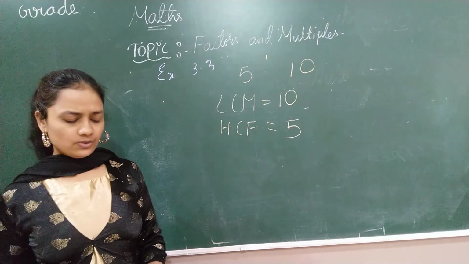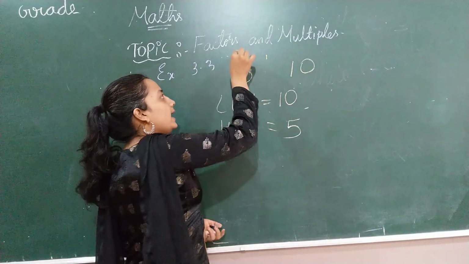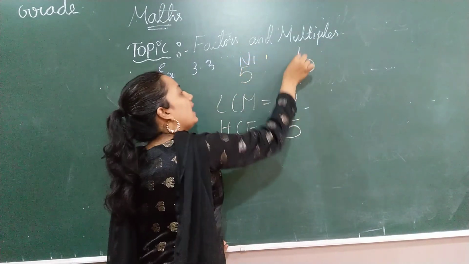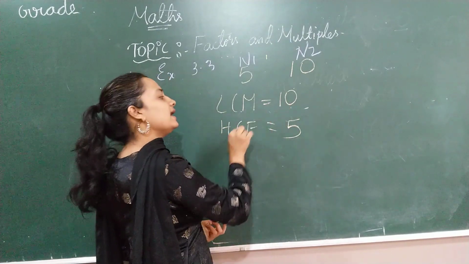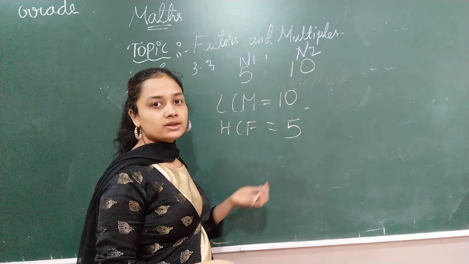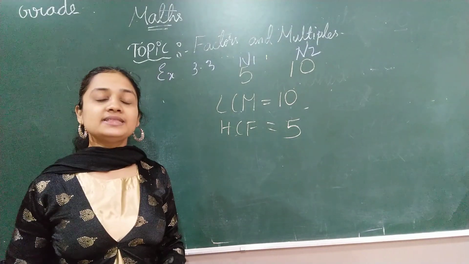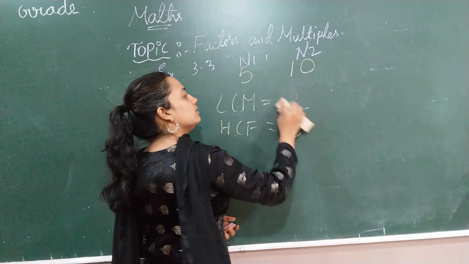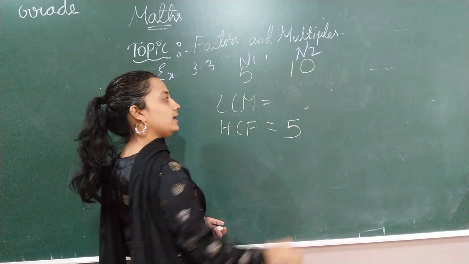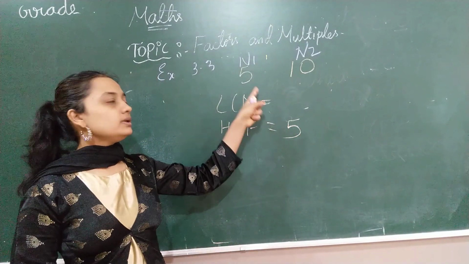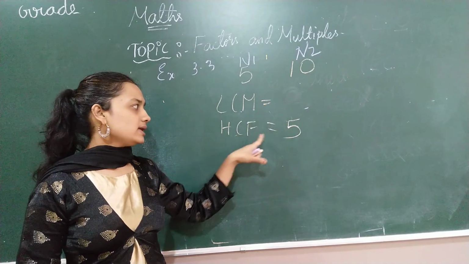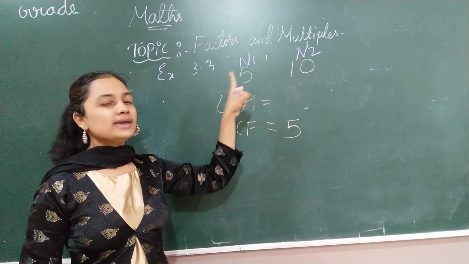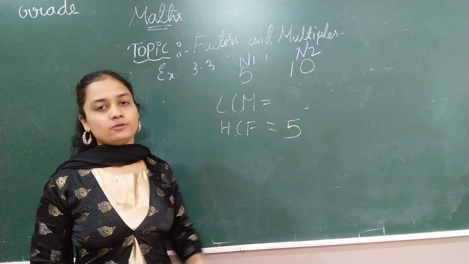So what I am telling you here is, I have the first number, I have the second number, I have the LCM of it, I have the HCF of it. Good. What if I have anything missing? Instead of using the long division method or prime method, if you know the HCF of these two numbers, you can easily find the LCM of it.